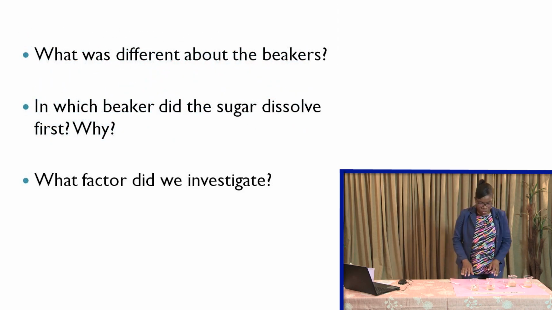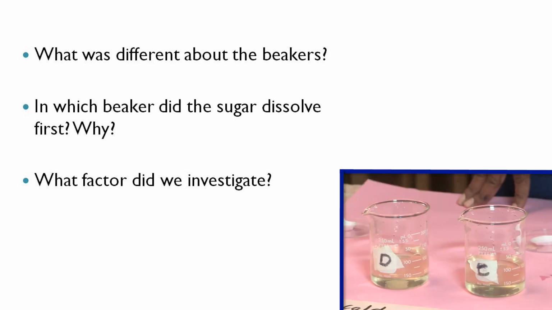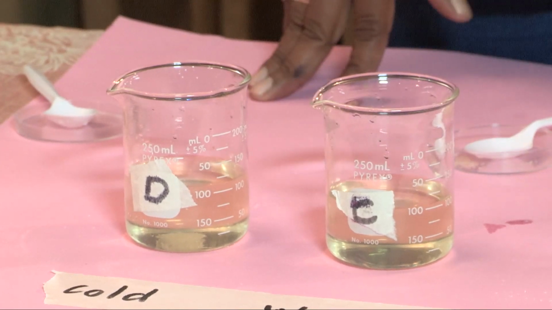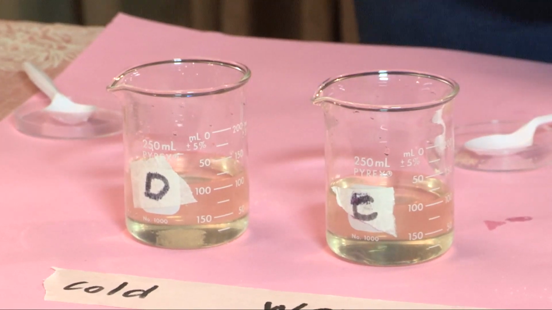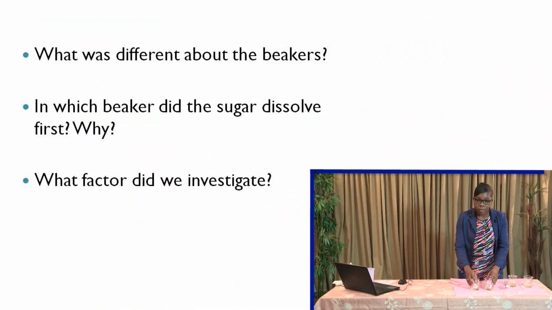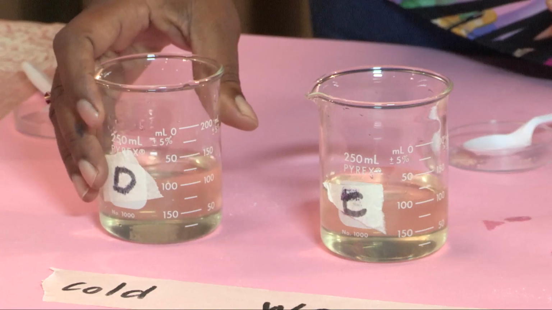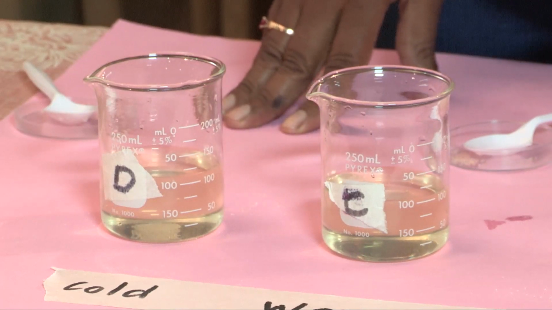All right, so what did we do different in terms of these two beakers? What was different? Awesome. The temperature of the water was different. So here we had warm water, which is of a higher temperature, and here we have cold water, which is at a lower temperature.